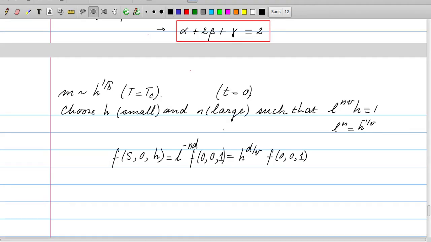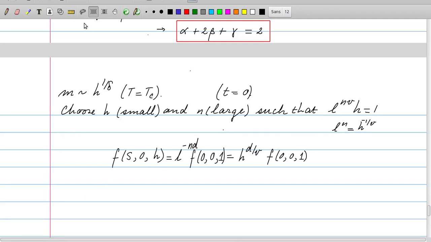And so we use the usual scaling relation for the free energy per site. The original f on the fine grid is related to the one after n coarsenings by this relation, and using this value for L to the power n, which occurs here, it's h to the power minus 1 over v, we find that f scales with the magnetic field as h to the power d over v.